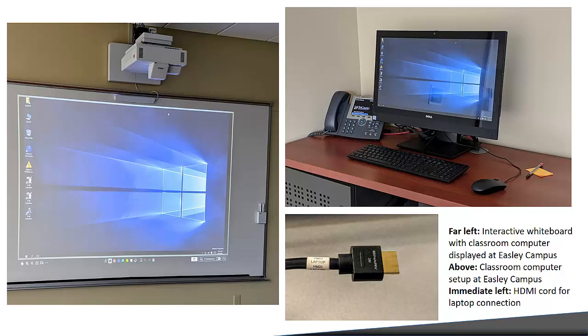The above image on the right-hand side is a picture of the classroom computer and the desk on which it's set up. Immediate left is an up-close picture of the HDMI cable that will be provided. Do note that it is labeled laptop HDMI to correspond with the input you will find on the Crestron wall panel.